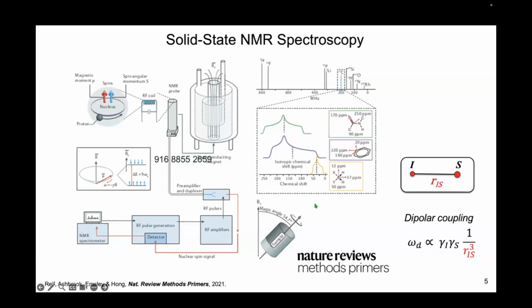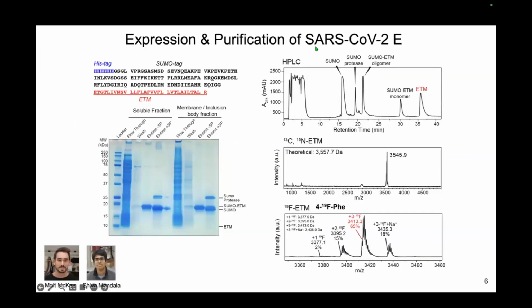We put our sample, hydrated liposomes, in a cylindrical rotor, which is tilted by 54.7 degrees from the magnetic field, and we spin around this rotor axis. Under that condition, we can get liquid-like high-resolution spectra that contain information about the chemical structure as well as the three-dimensional structure. This magic angle spinning solid-state NMR is the basis of all our spectroscopy.